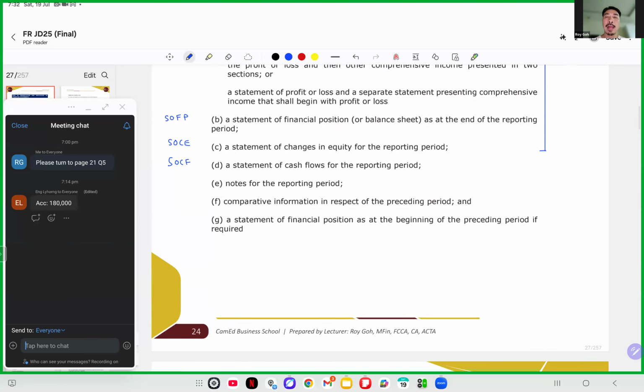However, D is your cash basis. I only recognize when cash is received and paid, not on accrual basis. This is IAS 7. Then you have the notes to the financial statements. This is your disclosure.